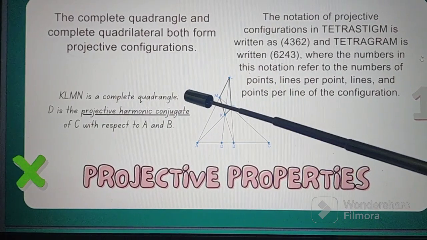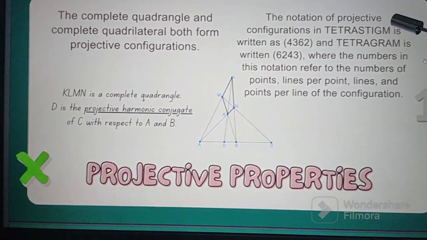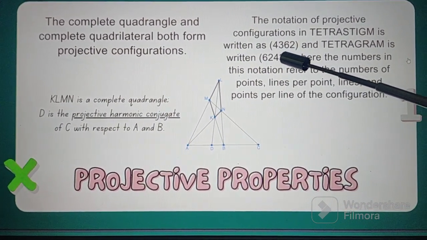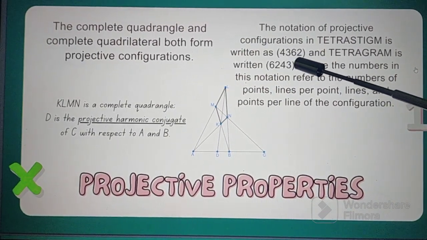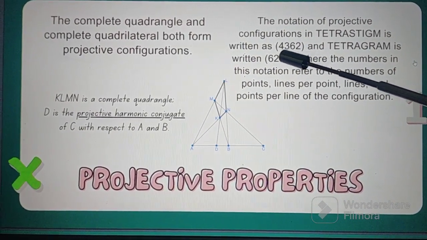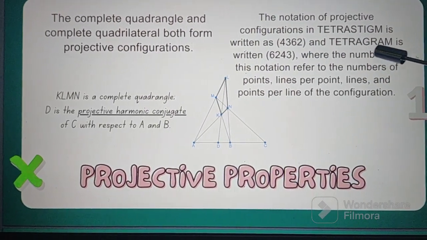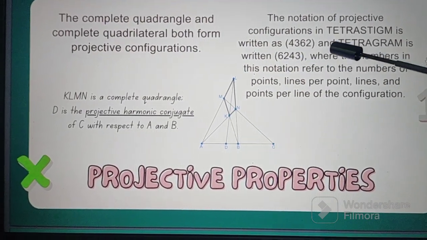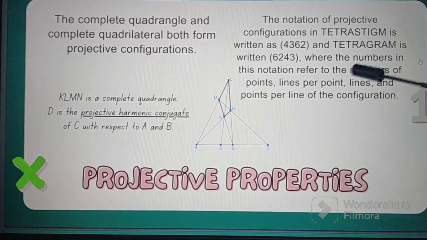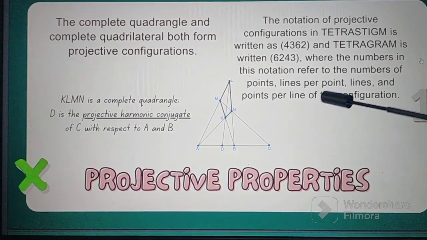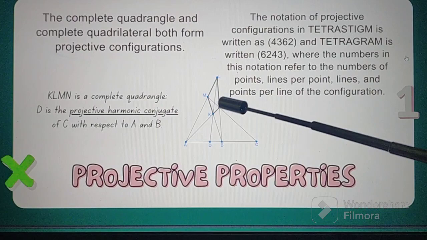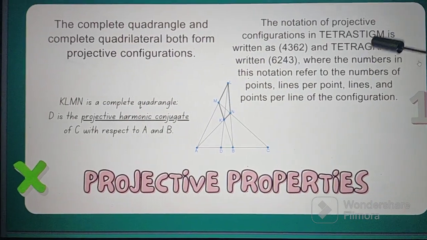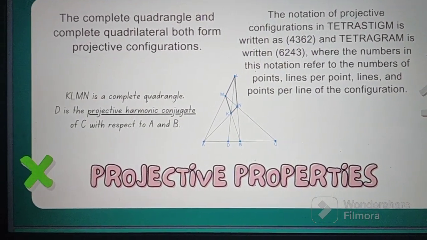So what are these configurations? The notation of the projective configuration in tetrasigma is written as 4 sub 3, 6 sub 2. And the tetragram is written 6 sub 2, 4 sub 3, where the numbers in this notation refer to the number of points, lines per point, or lines and points per line of the configuration. So we have here tetrasigma: 4 sub 3, 6 sub 2.